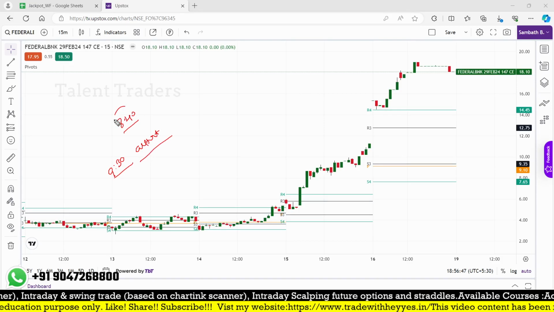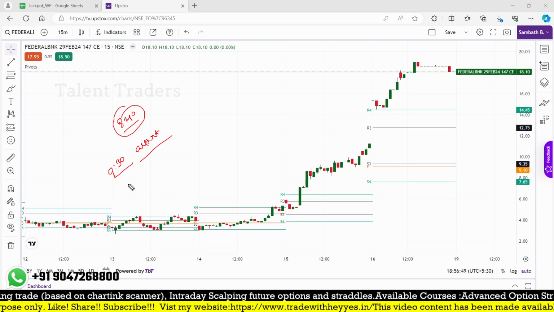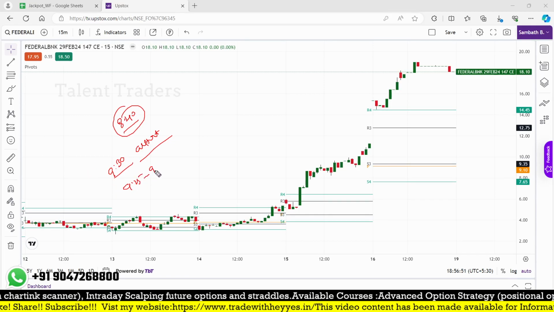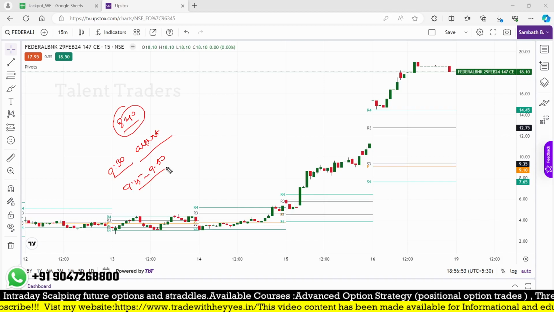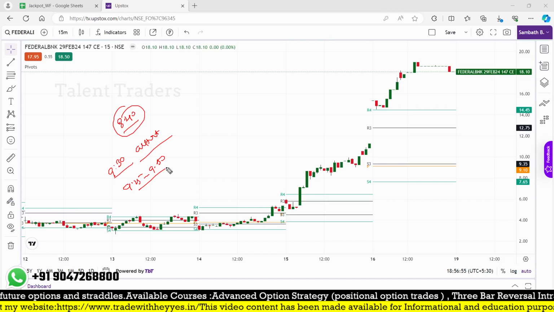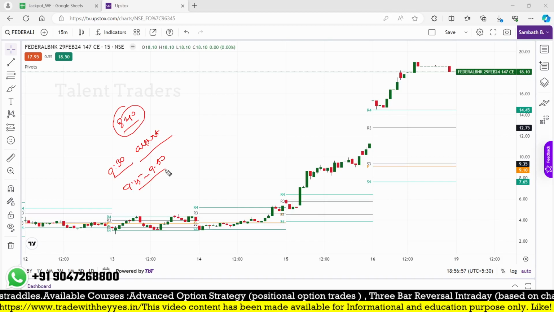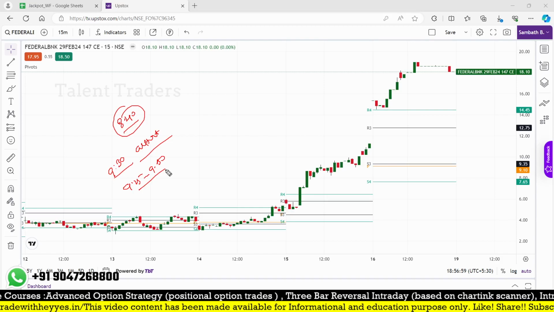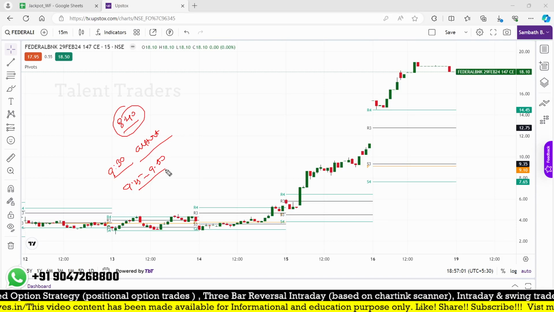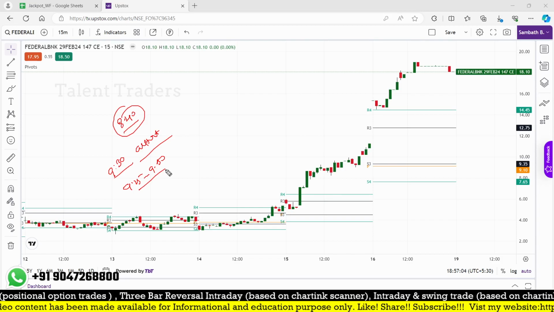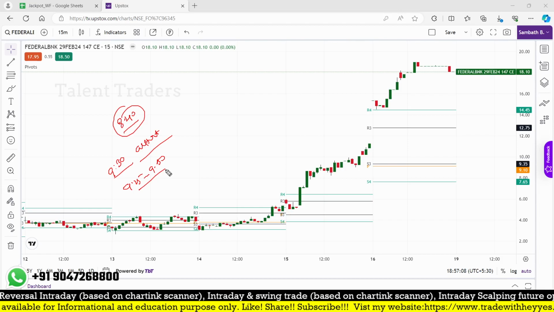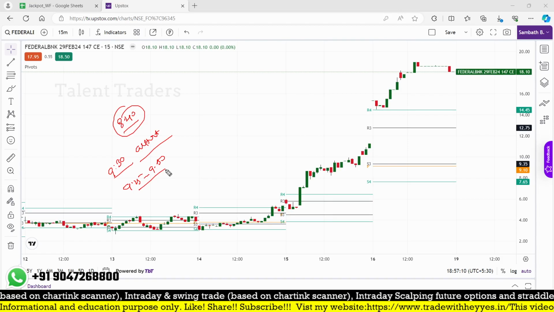If that level is broken in the first 15-minute candle, 9:15 to 9:30, we don't consider it a breakout. Mostly because of gap ups and gap downs, the premium sometimes opens higher and then moves down, because option premium has the nature of decay, the time decay or time value.